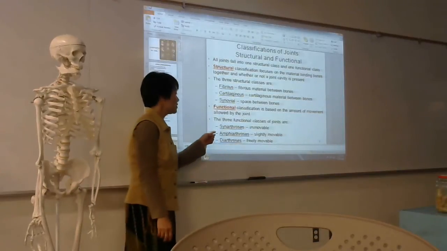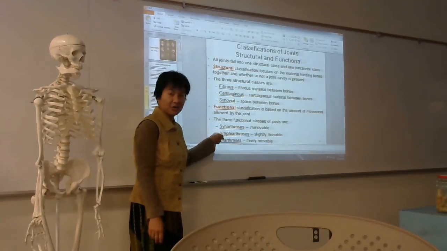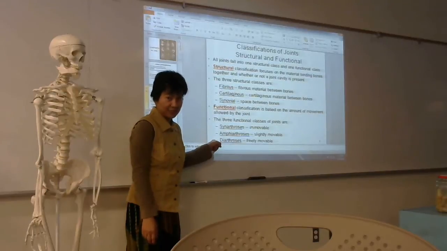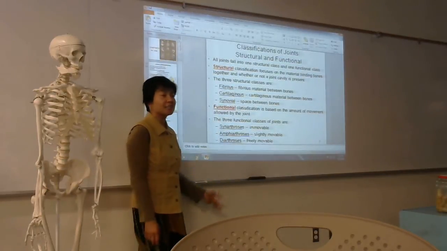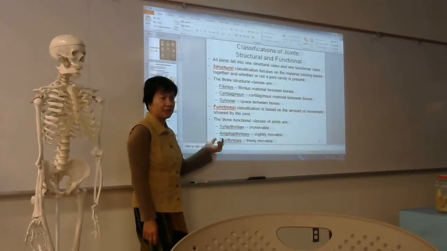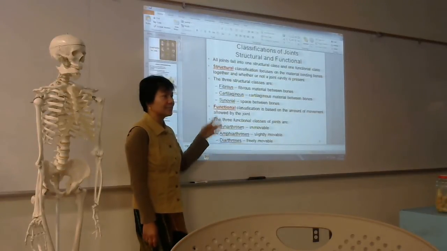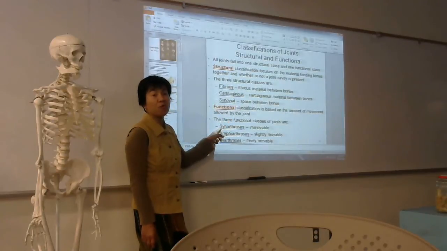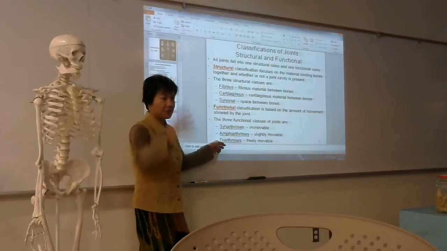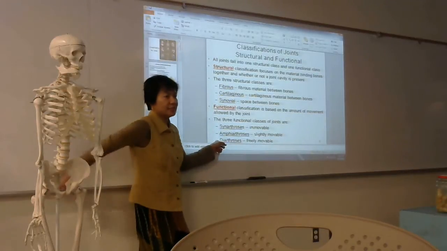So you choose, is it synarthrosis, amphiarthrosis, or diarthrosis? If you forget, you ask me what do you mean, then I'll just remind you, okay? Synarthrosis, syn for single. So synarthrosis are immovable joints. And then diarthrosis are your freely movable joints.